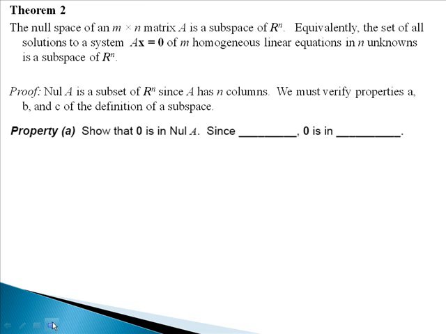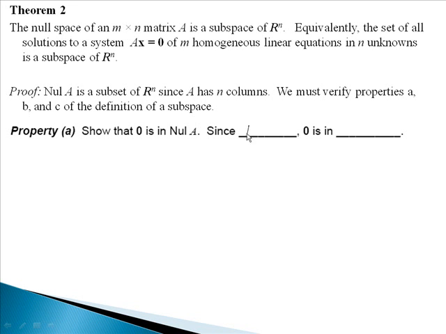Remember, property a says that we need to show that the 0 vector of R^n, our original vector space, is in the null space of A. That's simply a vector with n entries that are all zeros.